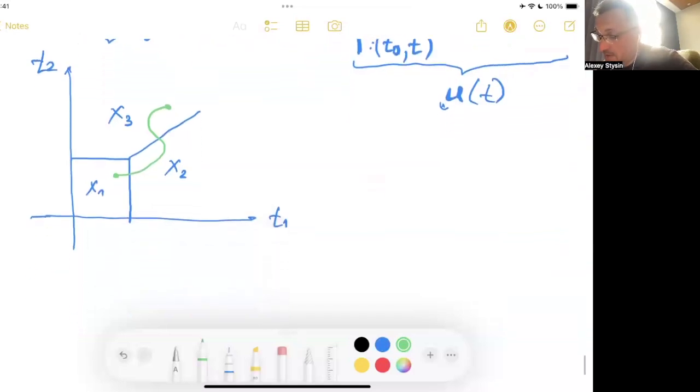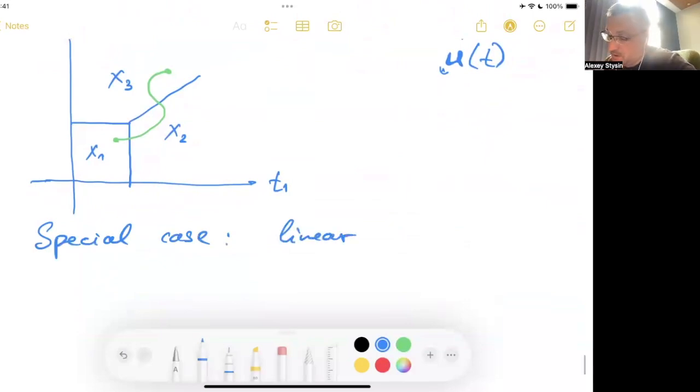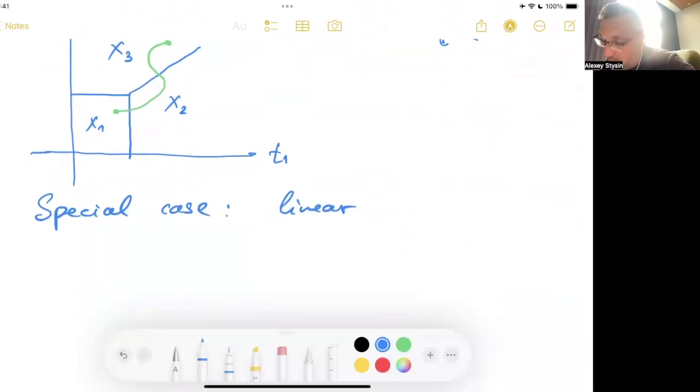In particular, it's pretty easy to understand what it means in a special case. The particularly interesting special case is the linear special case. So in the linear special case, what do we have? We have that v of t and x is going to be just a scalar product of t and x.